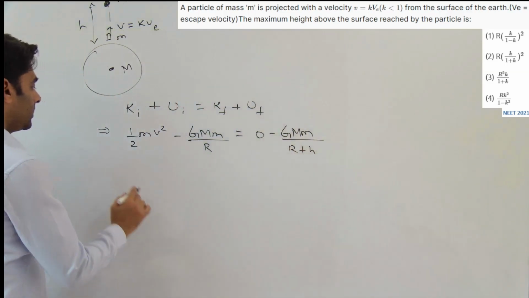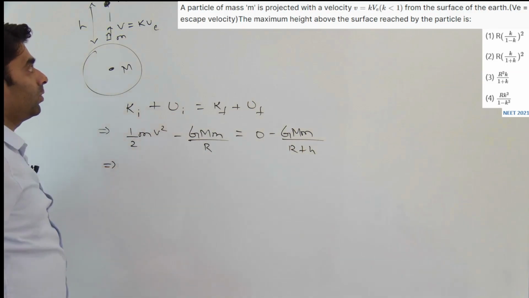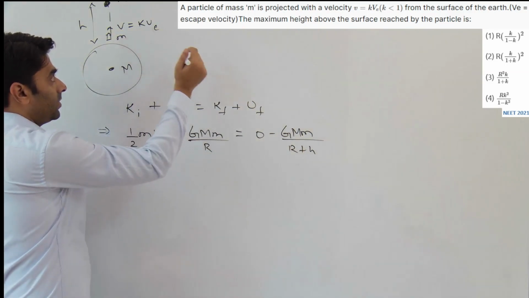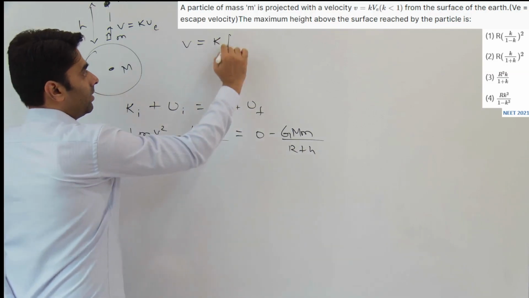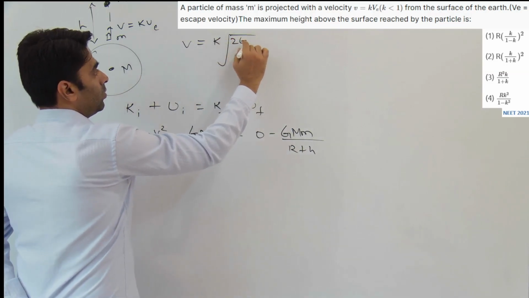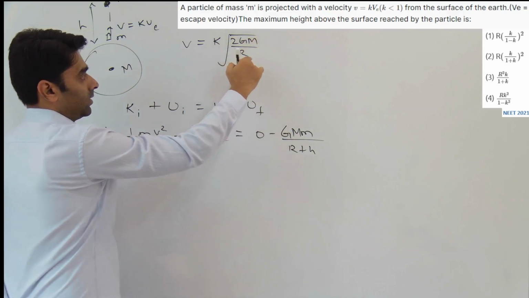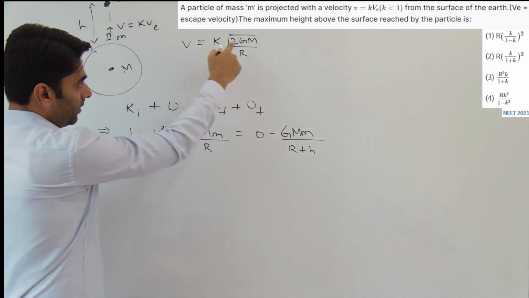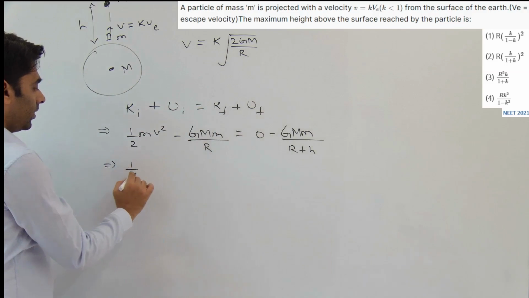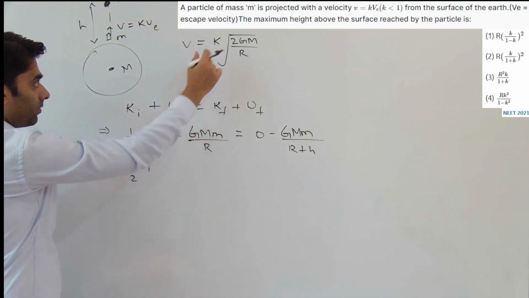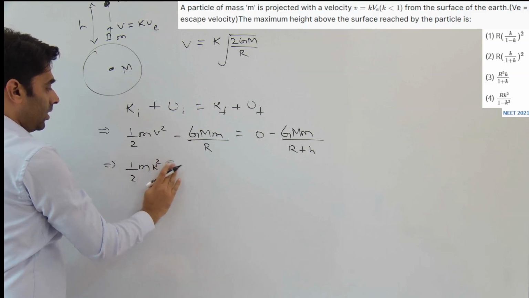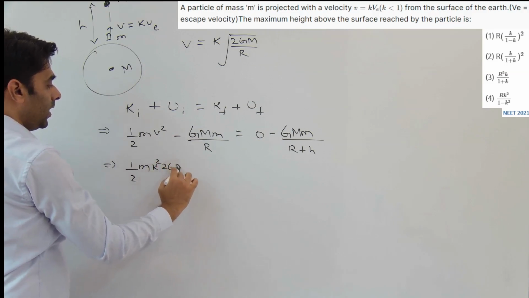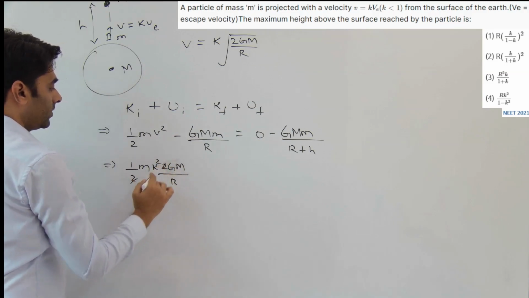Now let us simplify this. What is the v value given to us? V is k times the escape velocity. What is our escape velocity? Root over 2GM by R. If we square it, we get half m times k square into 2GM by R. The 2 cancels out.